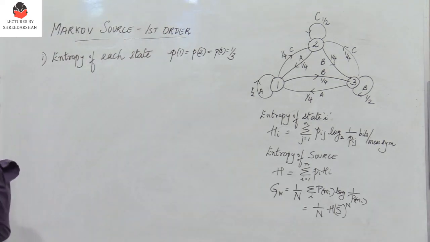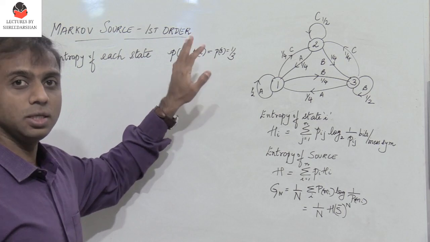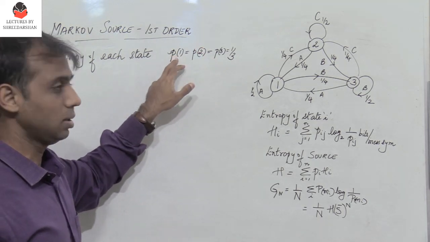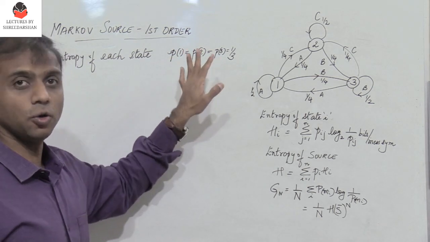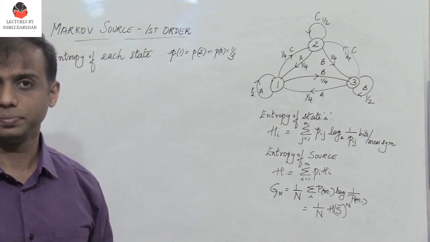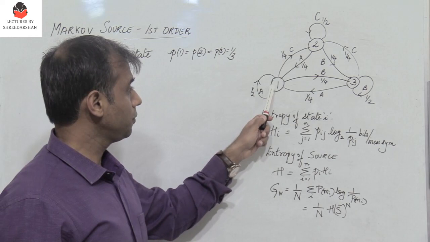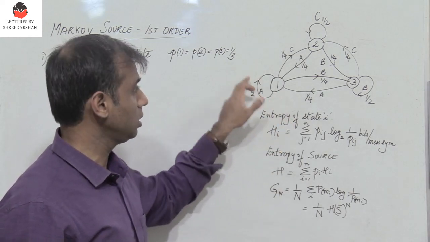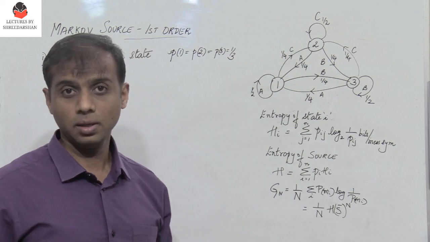Alright, now what do we observe? First of all, if I consider the states, the probability of the system being in state 1 or 2 or 3, if I add up the probabilities of all the three, that is P of 1 plus P of 2 plus P of 3, it is equal to 1. Next, if I add the probabilities of the transition from state 1 to 1, 1 to 2 and 1 to 3, it is also equal to 1.